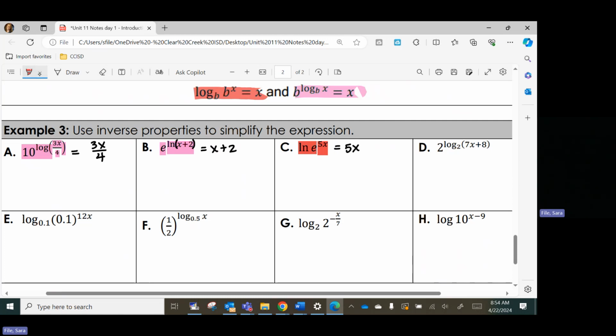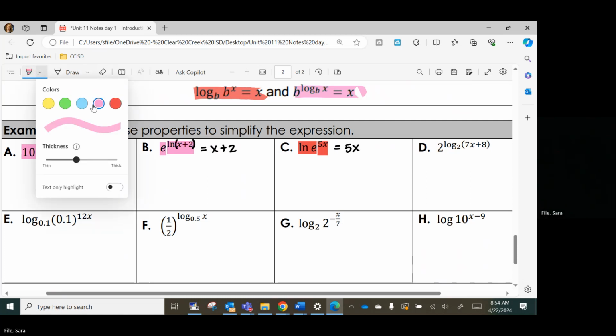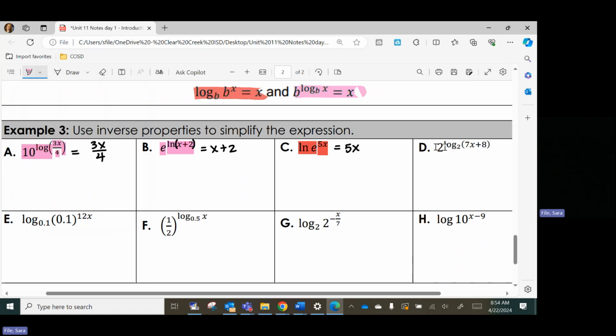Okay, let's see. This next one is this format. You've got a 2 to the power of log base 2. So 2 to the power of log base 2, what am I going to be left with here?